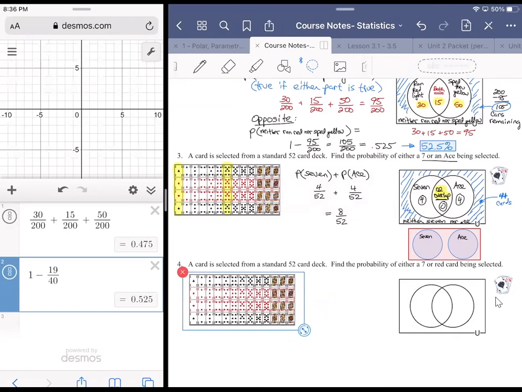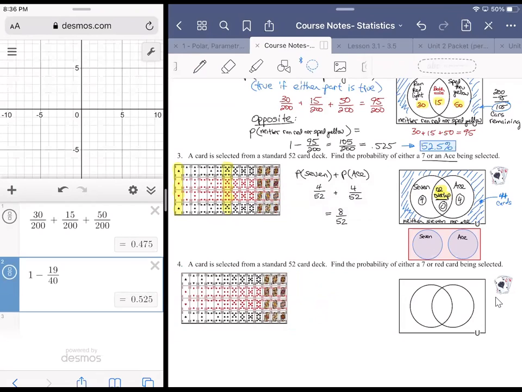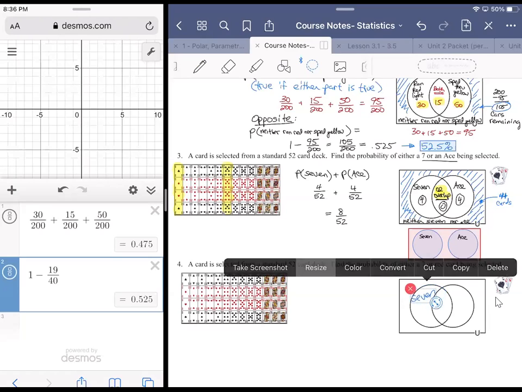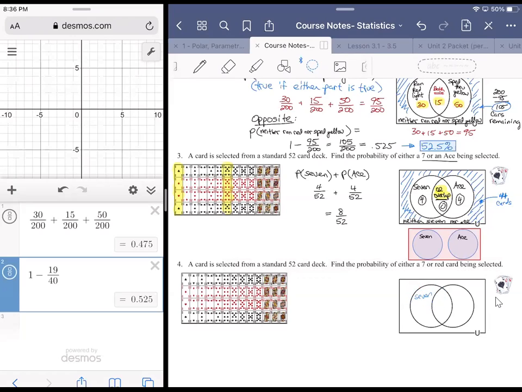Diagram there. We got our 7s. And then we have our red cards, all right? There are cards that are both 7 and red at the same time.